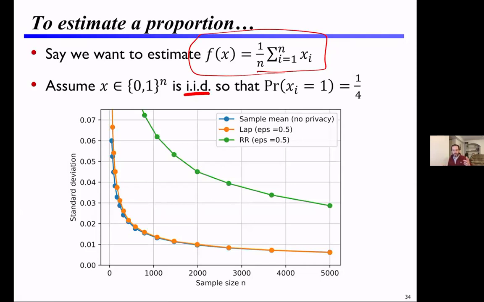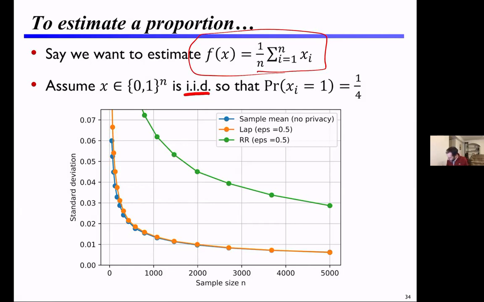It comes up heads with probability 1/4 and tails with probability 3/4. So what I'm interested in is estimating the fraction of people in the underlying population whose bit is 1.